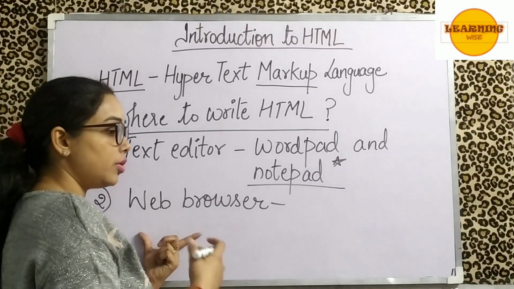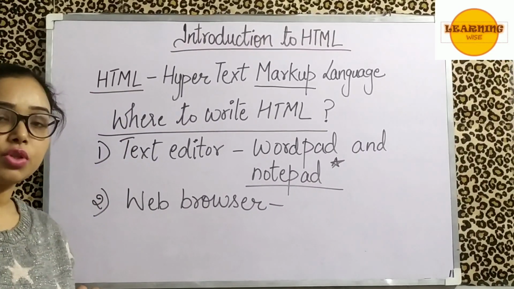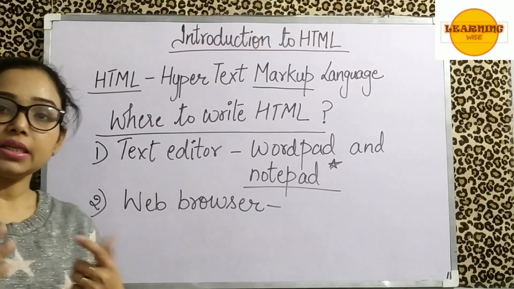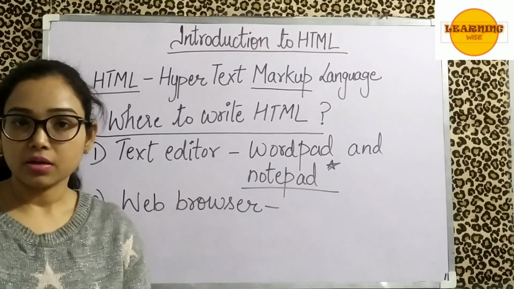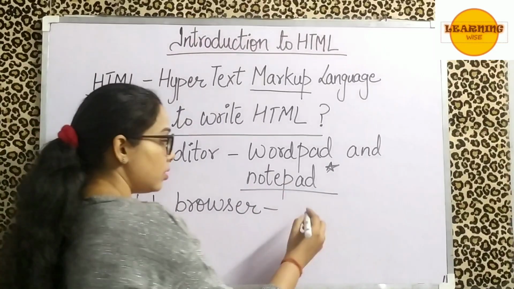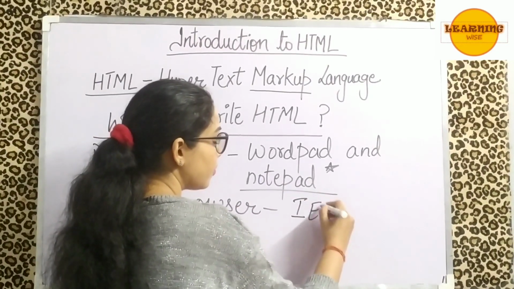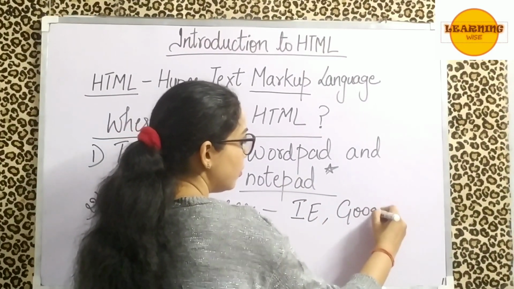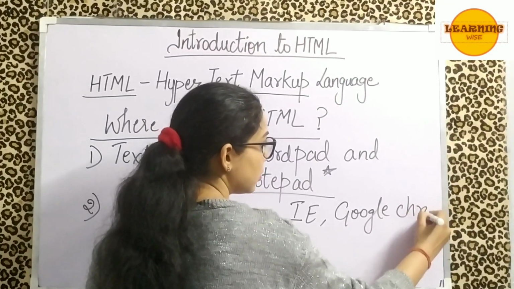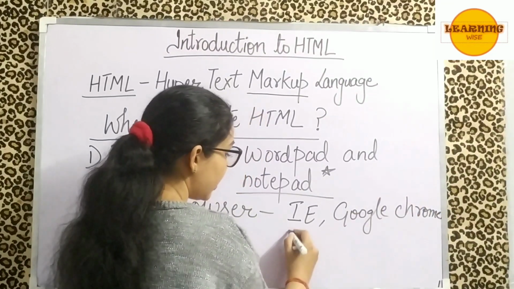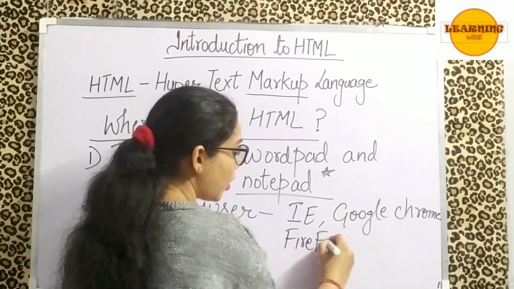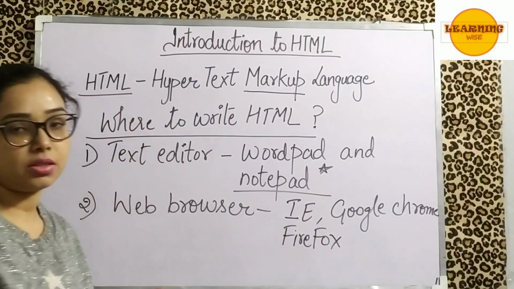So you need to have at least one browser with you in order to see the output of the HTML file. It can be Internet Explorer, Google Chrome, or Firefox. It can be any kind of browser, but at least one browser is needed.